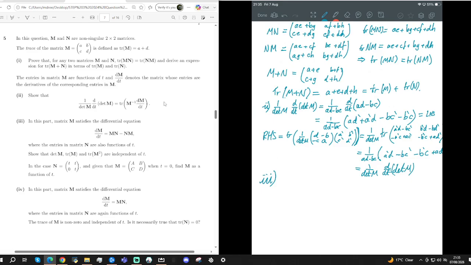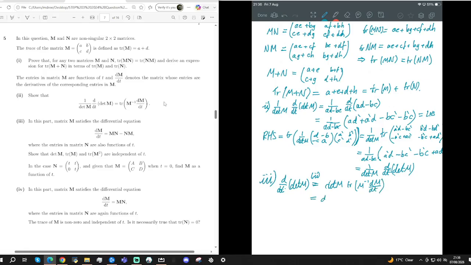So if I want to differentiate det m, well, let's use the result above. So the derivative of det m by part 2 is det m times the trace of m inverse times the derivative of m.